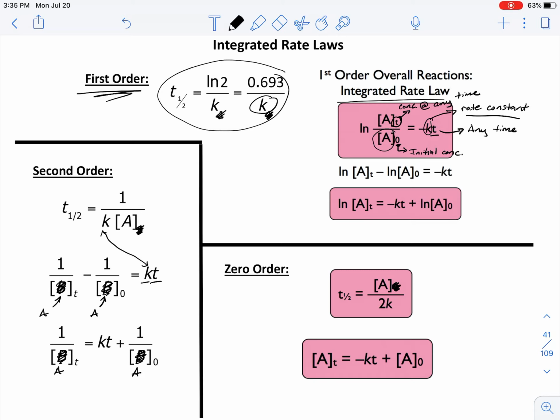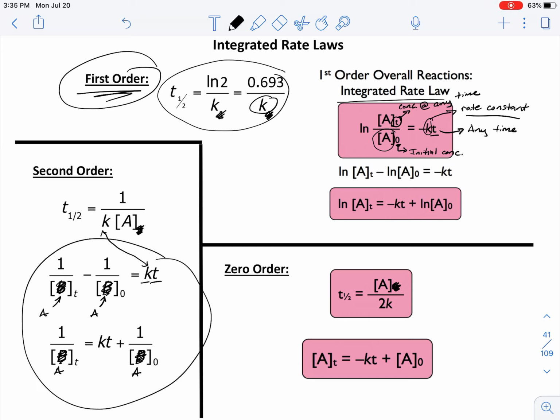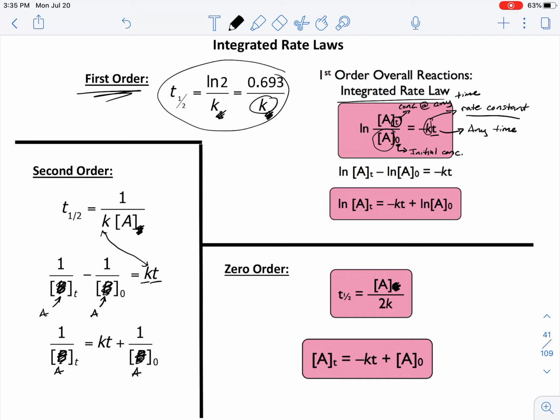So if you were to, on the exam, misassociate first order as this, then you are going to be wrong in your answer. So you just want to make sure that you are familiar with which equation represents first order, which equation represents second order, which equation represents zero order.